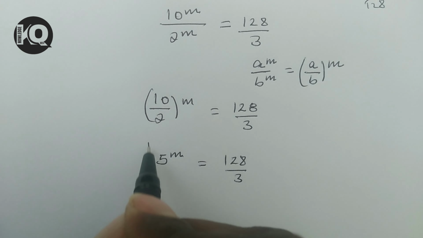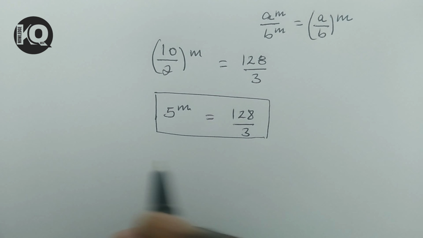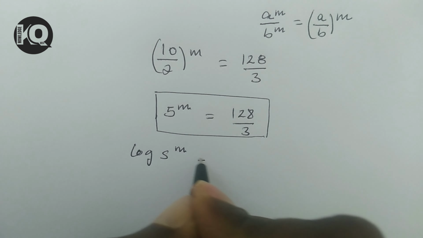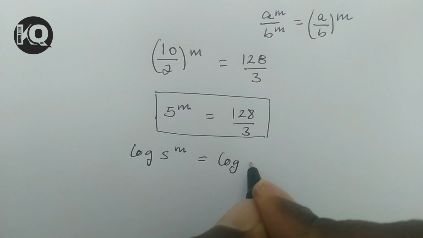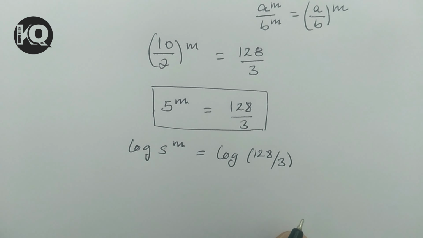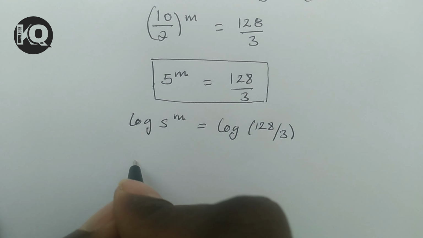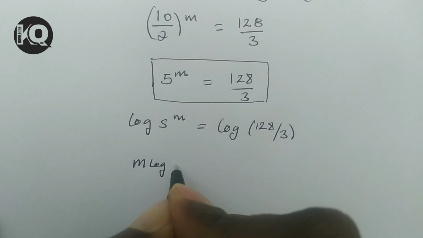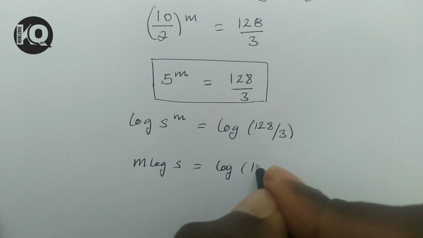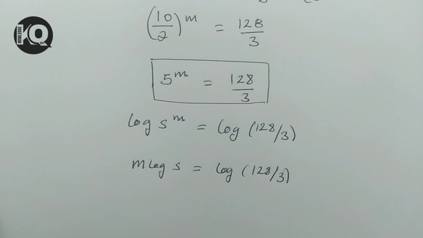Now to solve this problem, we have to introduce logarithm. So let's introduce logarithm on both sides. Log of 5 to the power of m is equal to log of 128 divided by 3. In the next step, this power will come to the front, that's m log of 5, which is equal to log of 128 divided by 3.